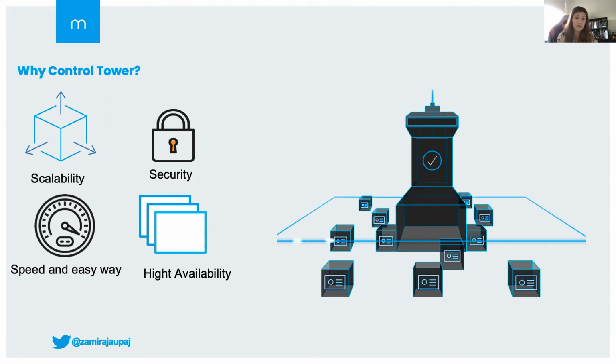What about speed? In less than 2 hours, you can set up the full AWS landing zone using AWS Control Tower, and you have 3 AWS accounts: master account, log account, and audit account, and a lot of services that are part of the landing zone, part of the baseline. High availability.